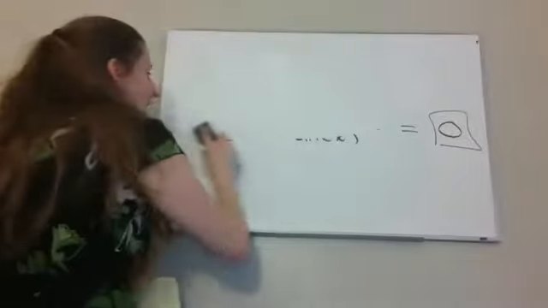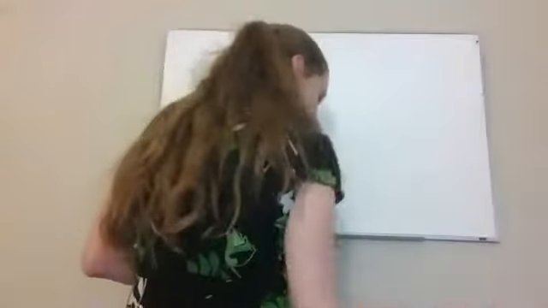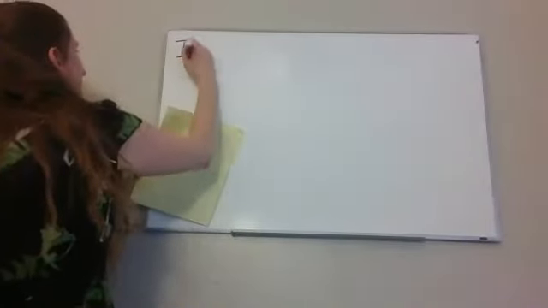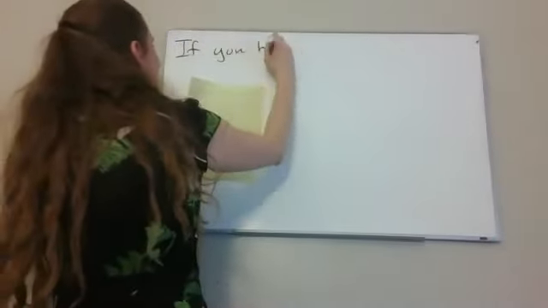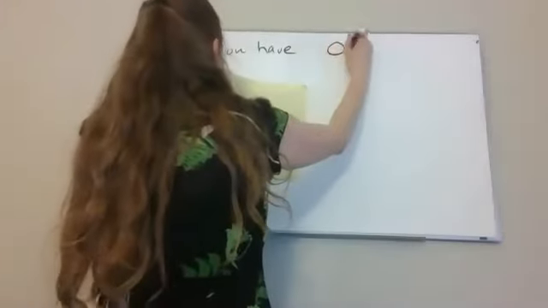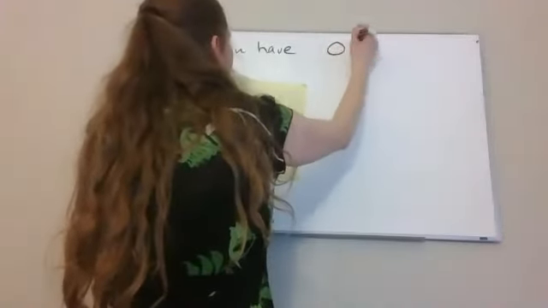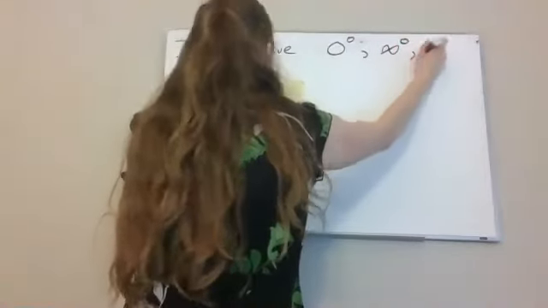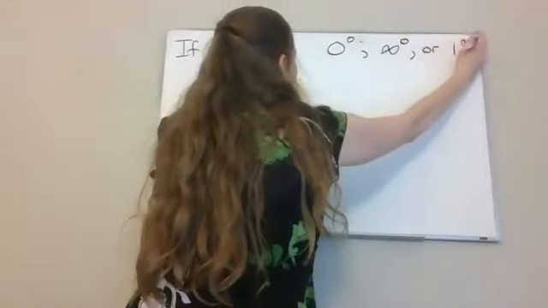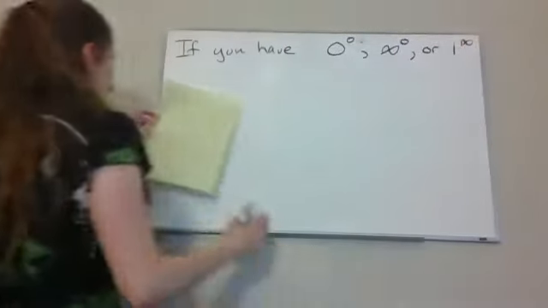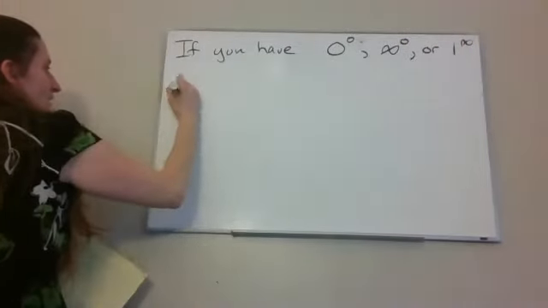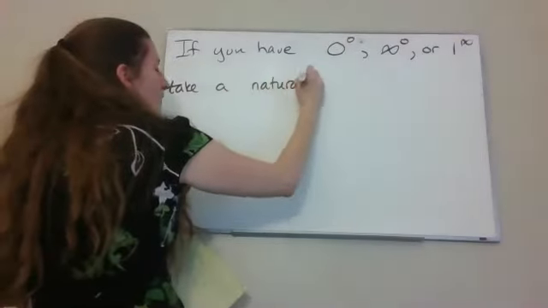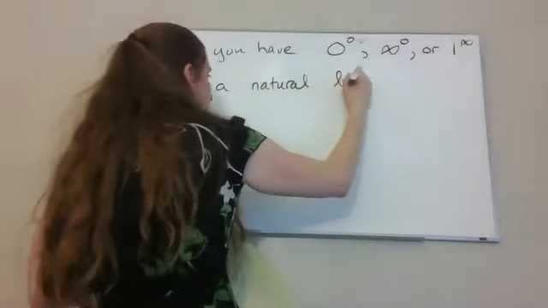So our last type of indeterminate form is if you get something that looks like 0 to the 0 power, infinity to the 0 power, or 1 to the infinity power. We will have to take a natural logarithm in order to do these problems.